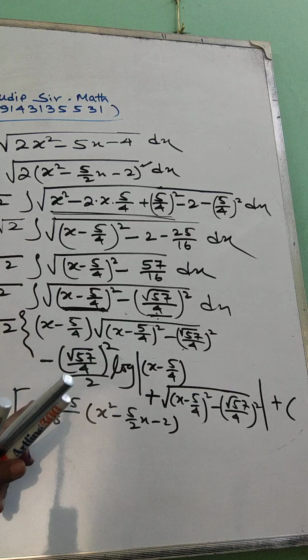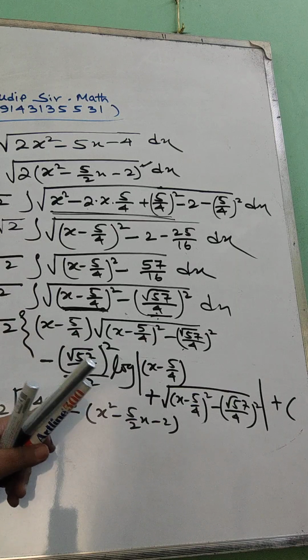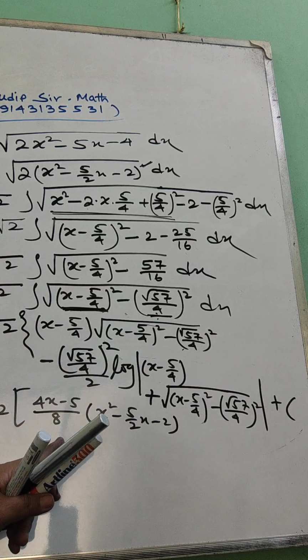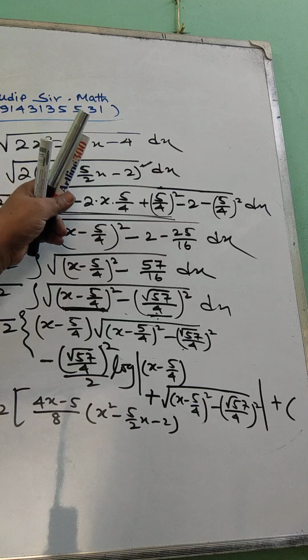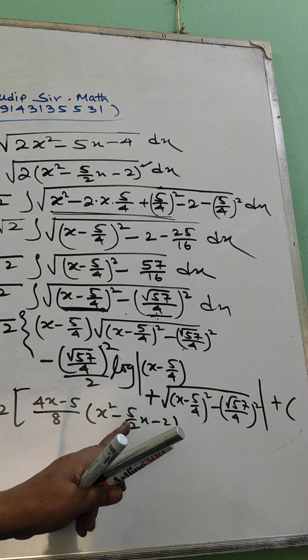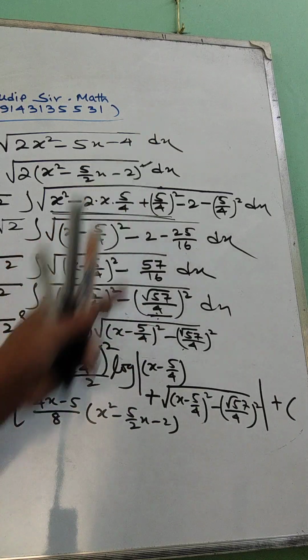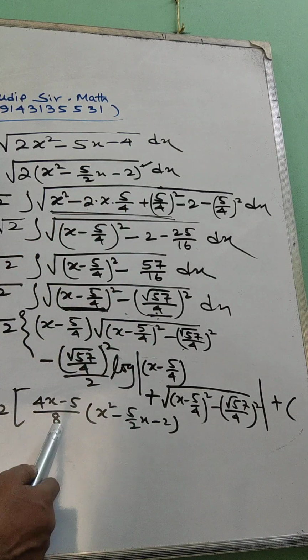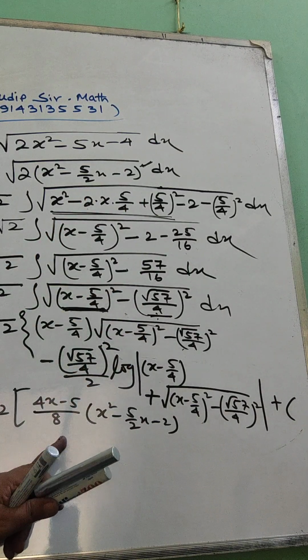That's why it will be 4x minus 5 by 8 root over of x square minus 5/2 x minus 2, and you will get 1 2 common here, that's why it is 8.